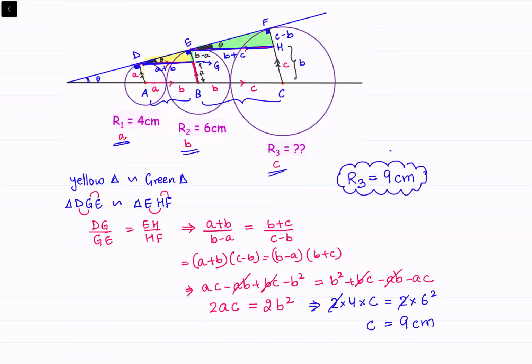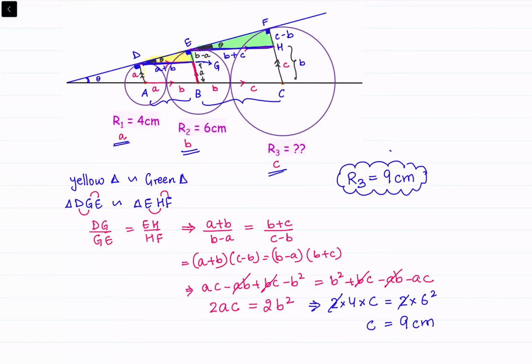In fact, when we draw these circles, if we have 4 circles or 5 circles, then the radii of all these circles will be in GP. That means the ratio of consecutive radii will be the same.